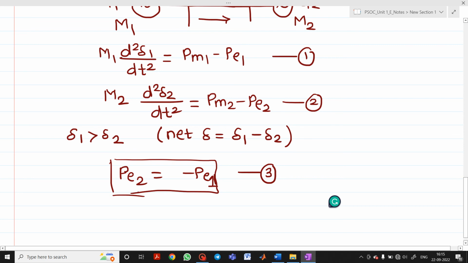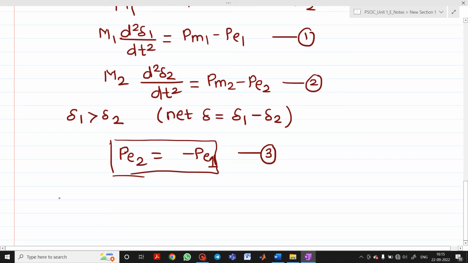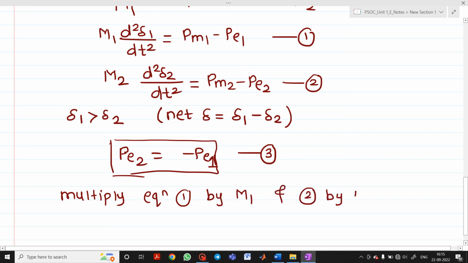Okay. Now what I will do? I will multiply equation number 1 by M2 and equation number 2 by M1 in order to calculate the equivalent.